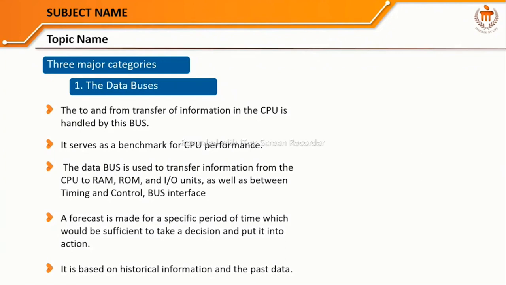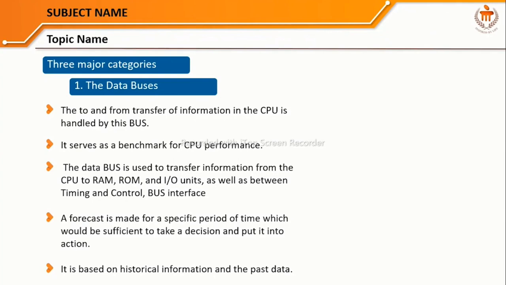The bus is used to transfer information from the CPU to RAM, ROM, and input units, as well as between timing and control bus information. So buses can transfer the information to random access memory, read only memory, and input output devices like a monitor, a printer, etc. And it can also manage time.